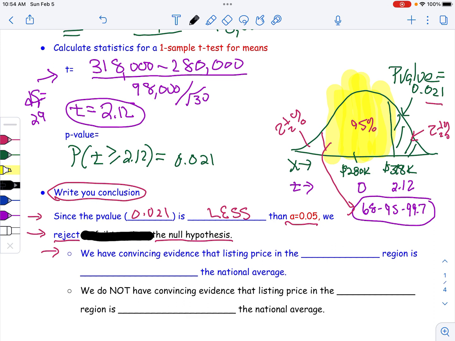So that's the second part of our conclusion. Then, because we reject the null hypothesis, we have convincing evidence that the list price in the New England region is higher than the national average.